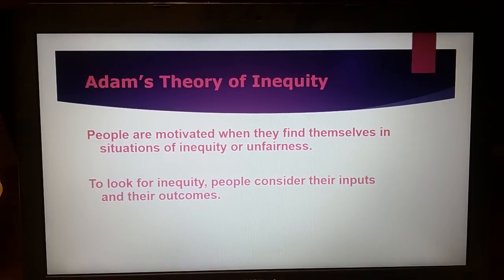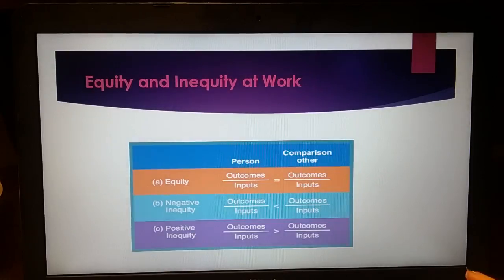Is that fair or not? Well, maybe it is fair because maybe that person has a level of experience that you don't have. When people are motivated by inequity, they want to strive harder, or they might be motivated to walk out the door.